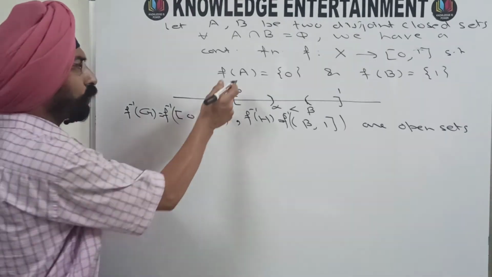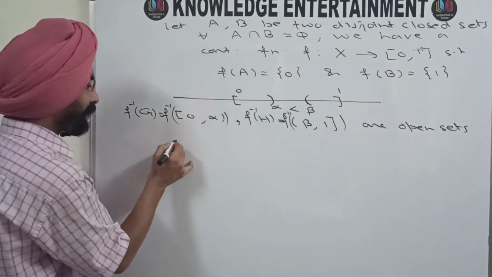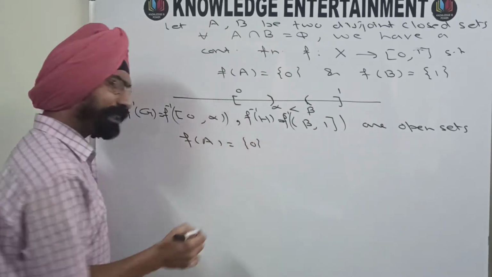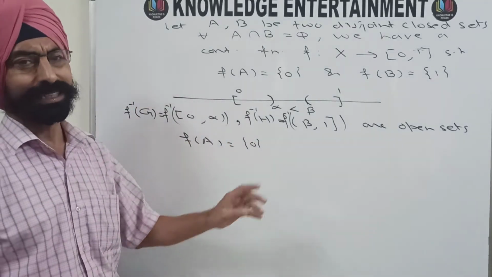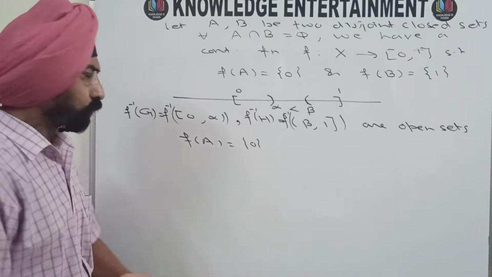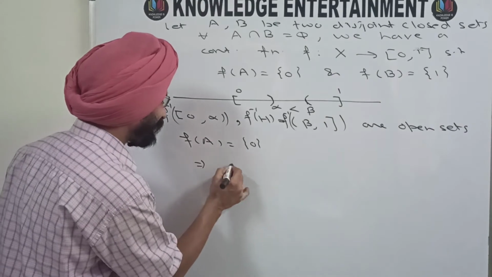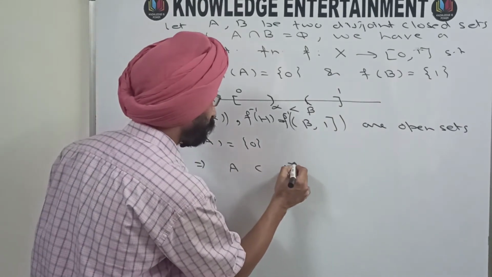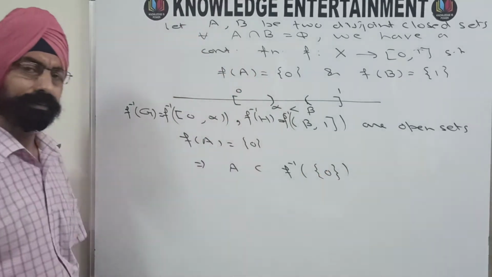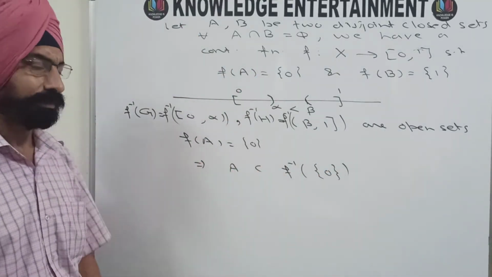Now look at f(A), which is given to be 0. That means the image of every point of A is 0. But there may be some other points having image 0. So A is a subset of f inverse of {0}.